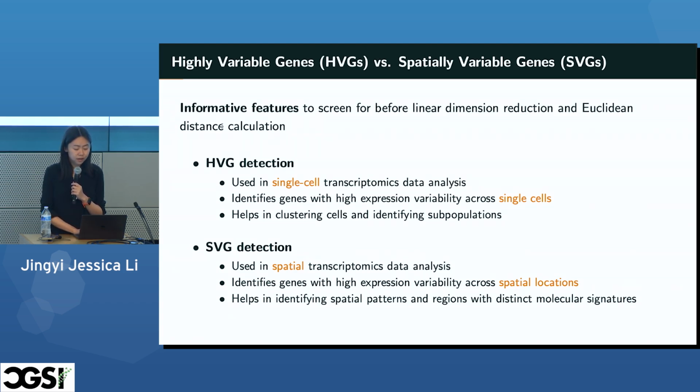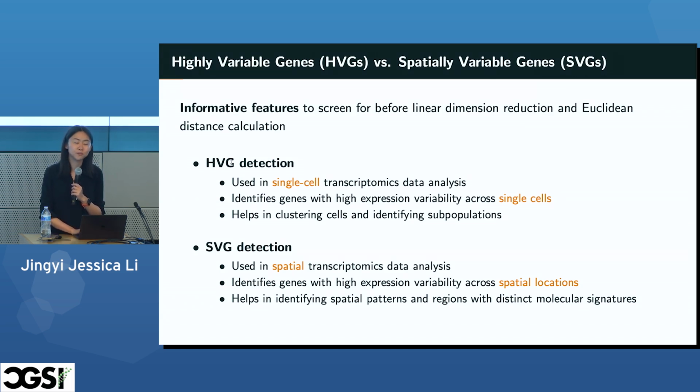So for single-cell analysis, HVG detection is usually one of the first steps. For example, in the most popular pipeline for single-cell data analysis, called Seurat, you will usually screen for 2,000 genes out of 20,000 genes for human, and then you only look at those 2,000 genes afterwards.